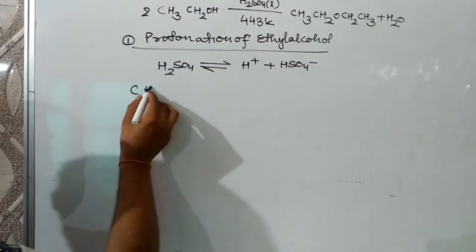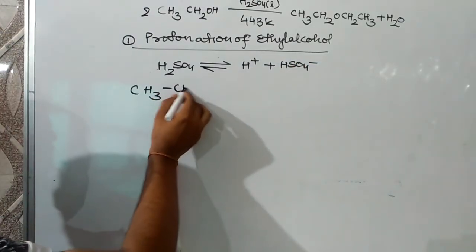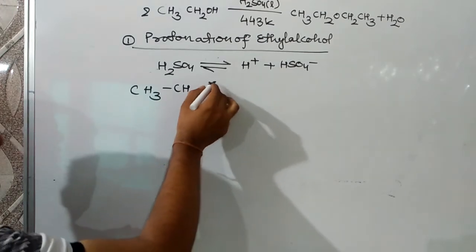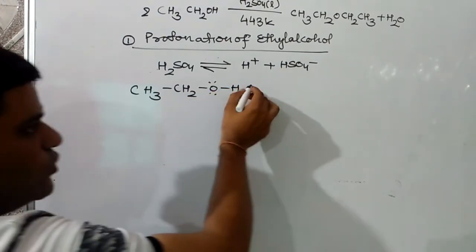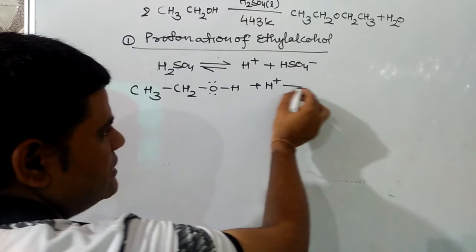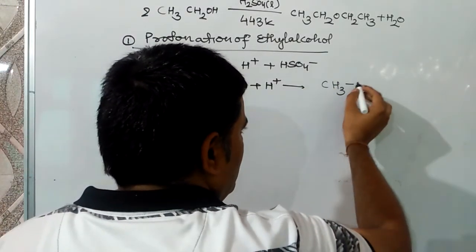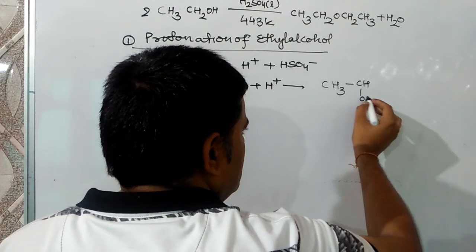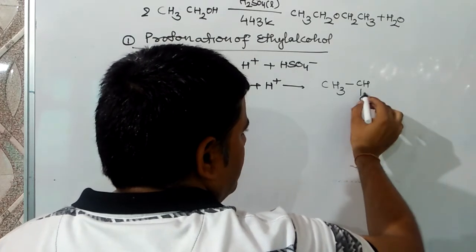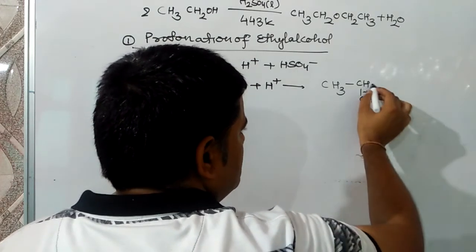Then this H positive protonates ethyl alcohol due to the presence of a lone pair of electrons on the oxygen atom, due to which we get protonated alcohol.